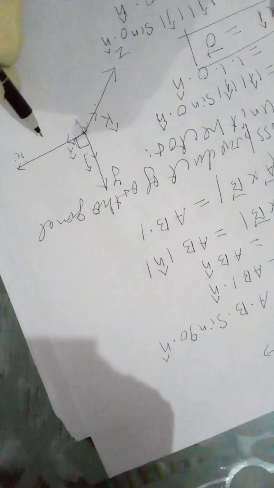The unit vector along the positive x-axis is i cap, so we write here i cap. When you apply the right hand rule, stretch your forefinger and thumb of the right hand mutually perpendicular to each other and rotate the forefinger from j to k.